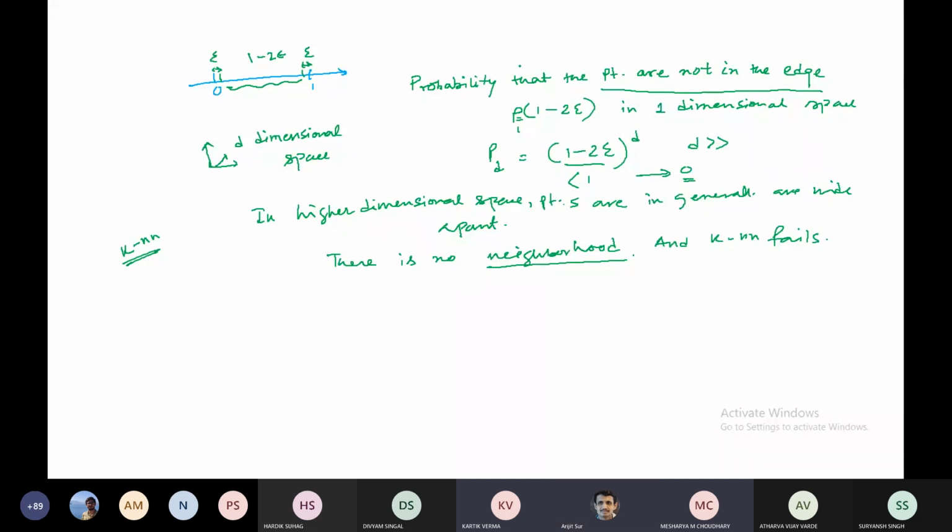Now, this is not in your machine learning syllabus, but just for interest. Suppose this is a very high dimensional space. Let's say, hypothetically, that 3D is a very high dimensional space.